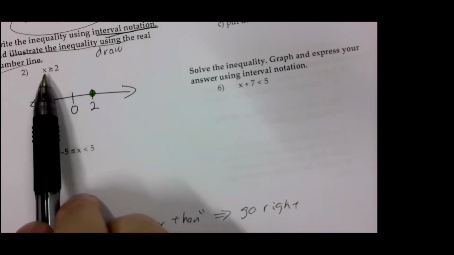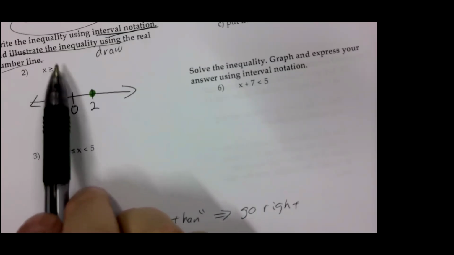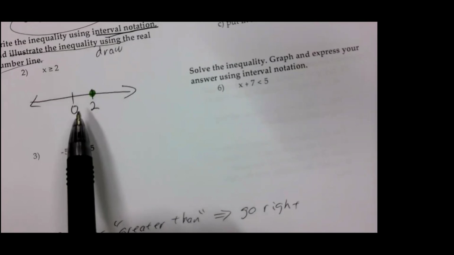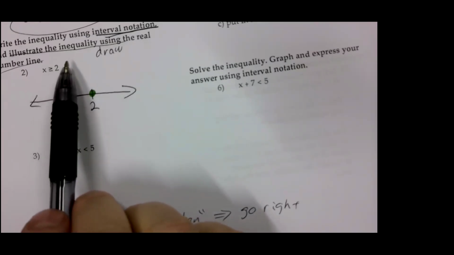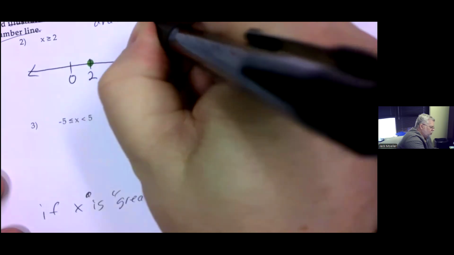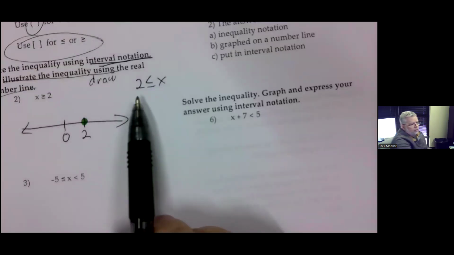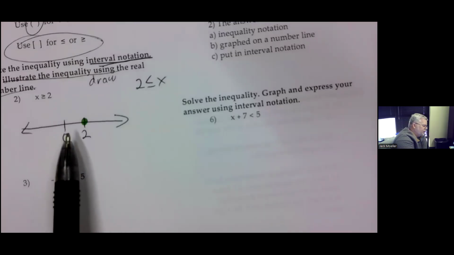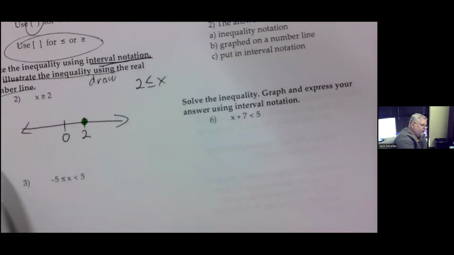And so if x is on the left side, the way you read it kind of lends itself to the graph. If x is on the right, you have to be careful, because you can flip these things and it means the same thing. So you would read this as 2 is less than or equal to x, right? And so if you see less than, some people would think to the left, because less than means to the left.